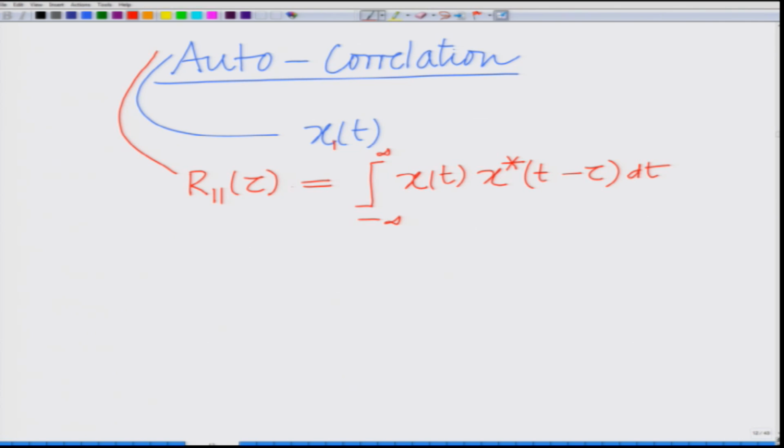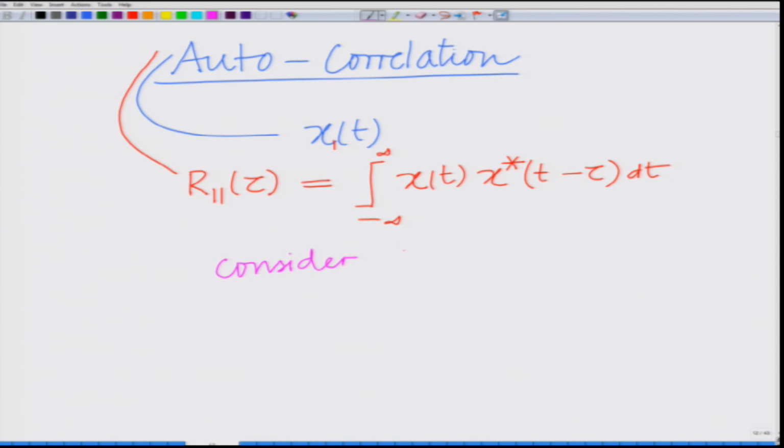Now, since there is only one signal, instead of x1(t) I can simply consider x(t).